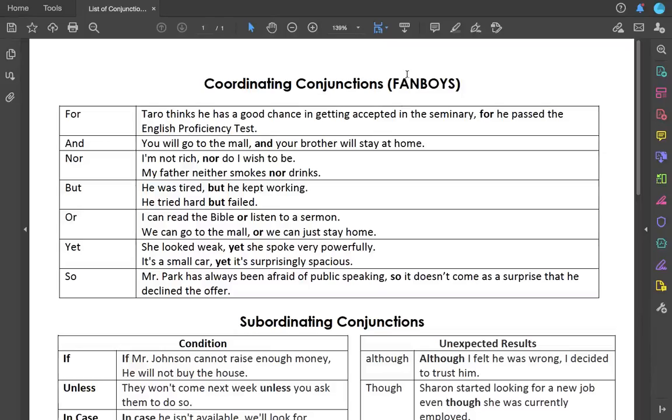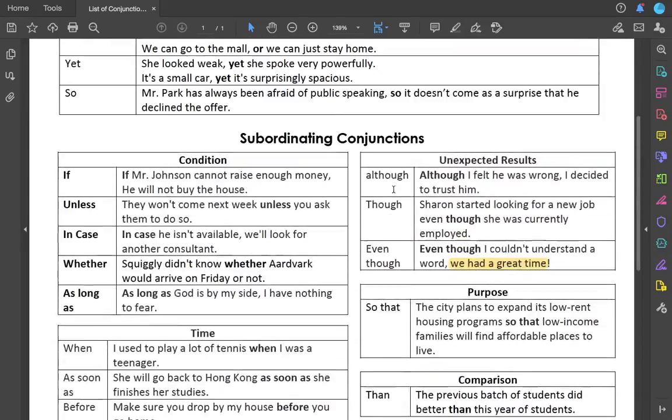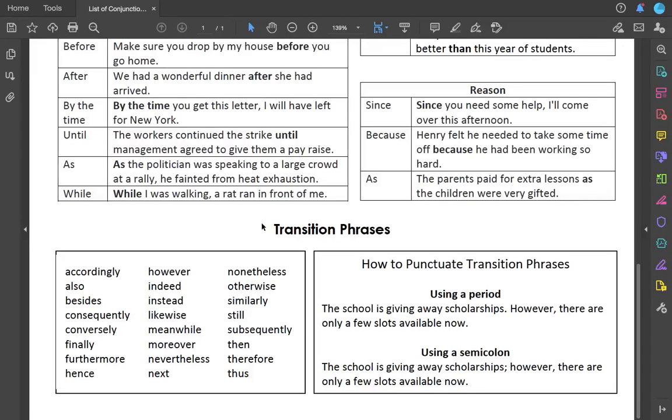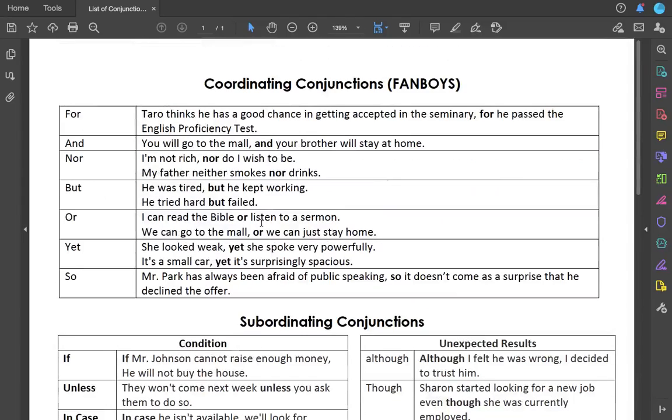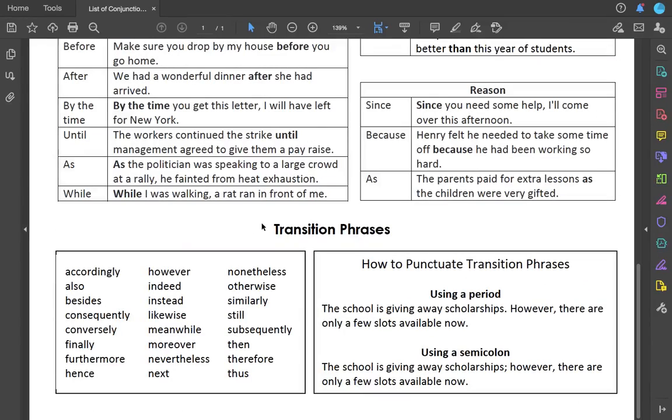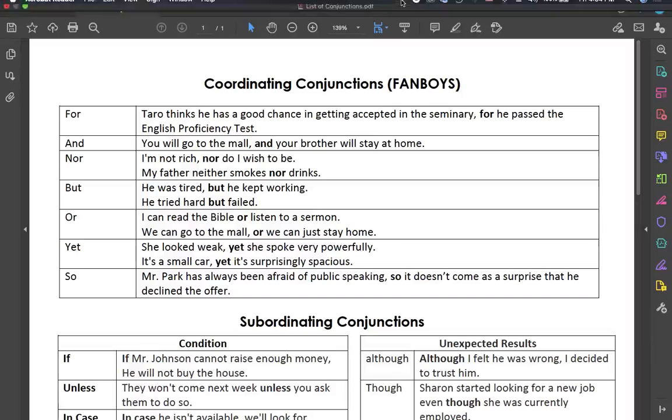You might have to insert a coordinating conjunction, subordinating conjunction, or transition phrases. I'm going to check if you're able to insert them correctly in terms of meaning and in terms of punctuation. This is the time that I'll be very strict about your punctuation, because that's what the lesson is all about, right? I want to see an application of how you're going to be using the connecting words with the right punctuation.